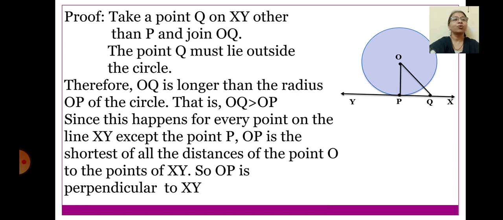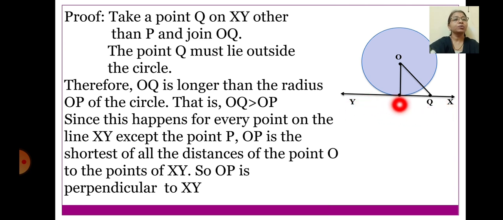Therefore this line segment OQ is longer than the segment OP, the radius OP, right? So OQ is greater than OP. Now you go on taking points on this tangent line XY.